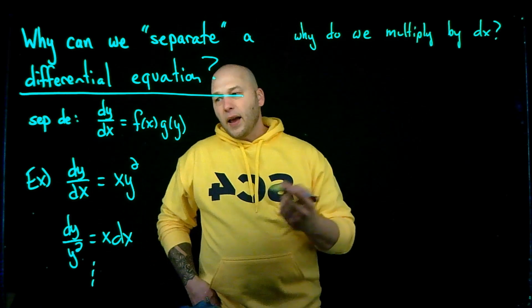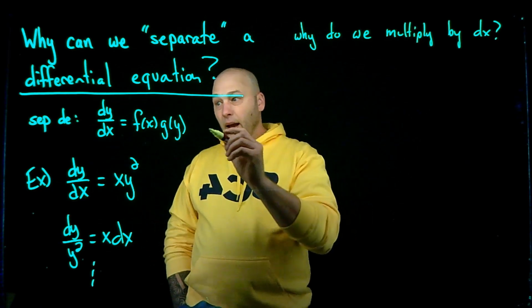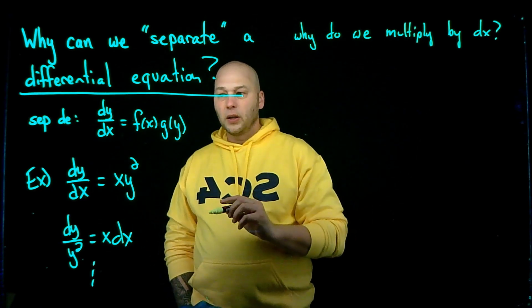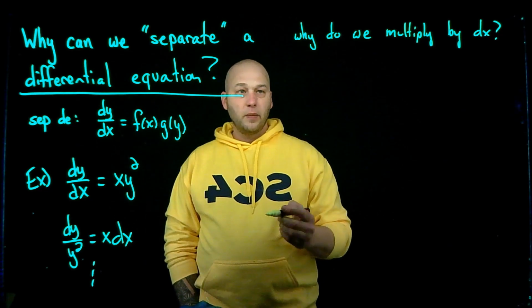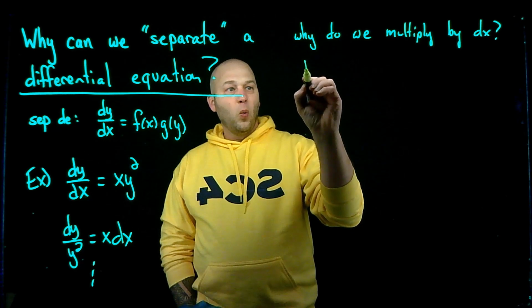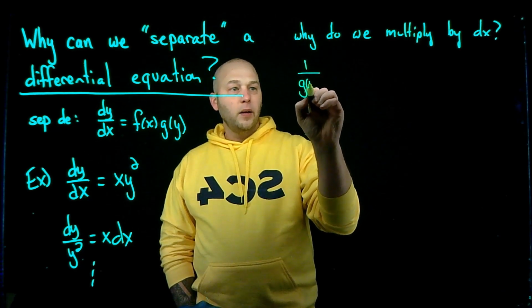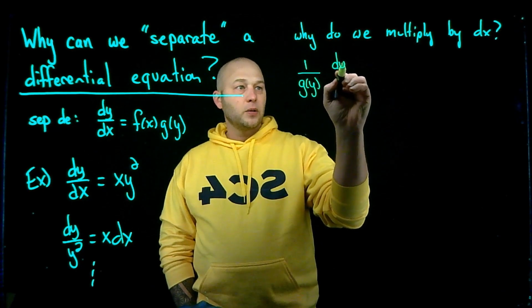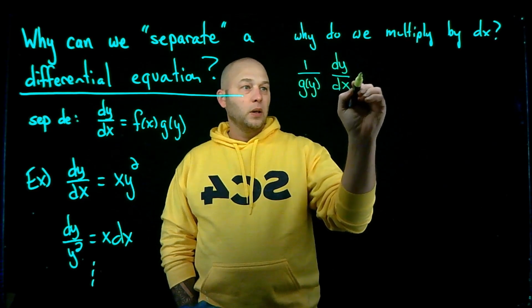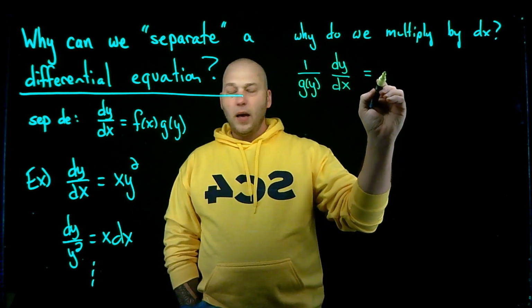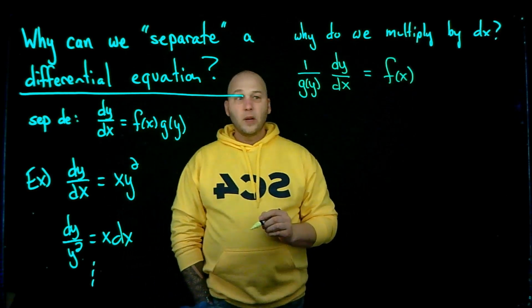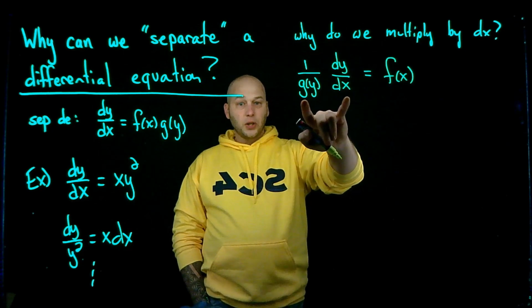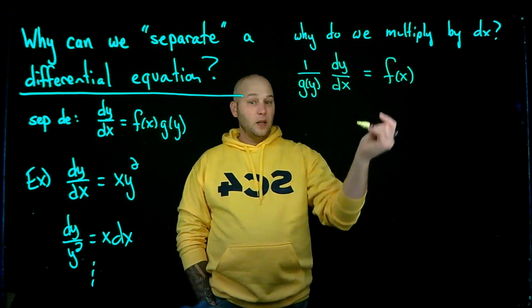Okay, so let's say I have this separable differential equation, and let's separate it as far as just putting the g of y on the other side. So we have 1 over g of y times dy dx, which I'm going to leave as is, equal to f of x. Now, this is a function, and this is a function, and we can integrate those.